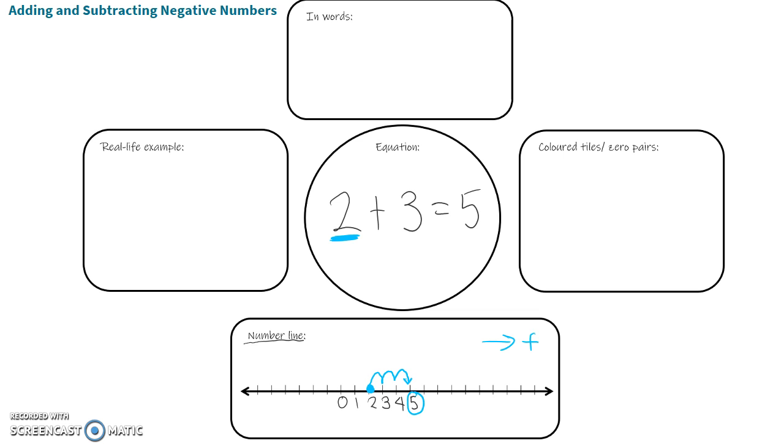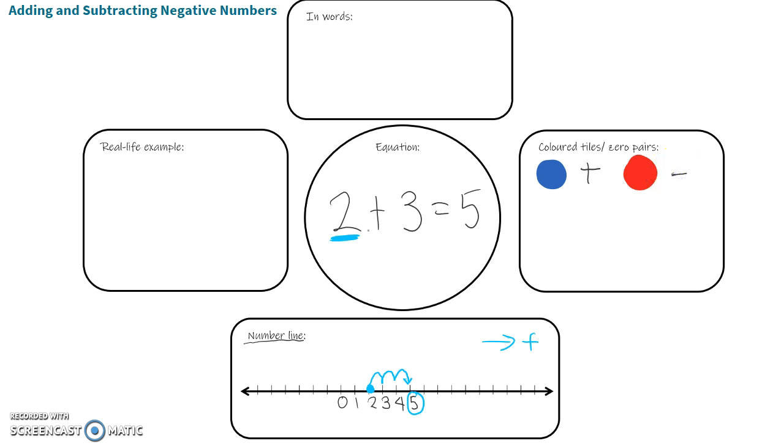Colored tiles might be something that you haven't seen before. All we're saying is that a blue tile, or spot, or whatever you imagine, just imagine you've got little blocks in your hand, a blue one represents a positive number, just one positive number, and a red tile represents a negative number.